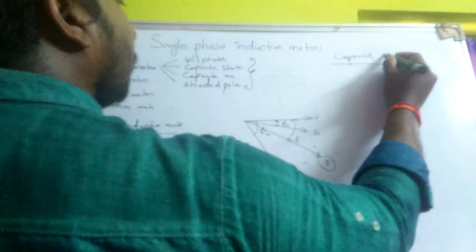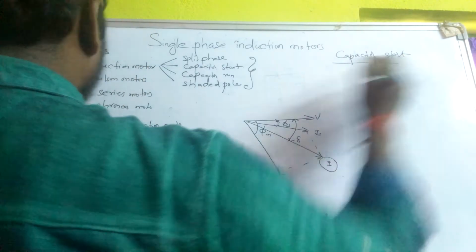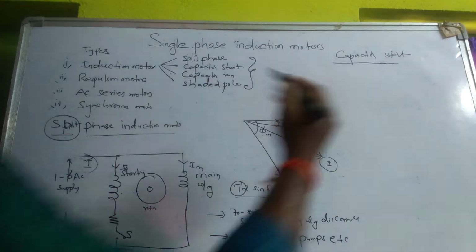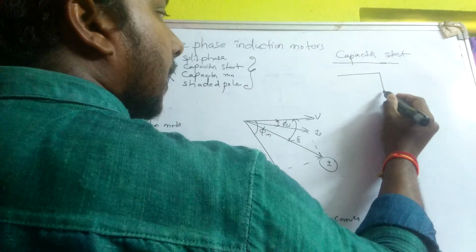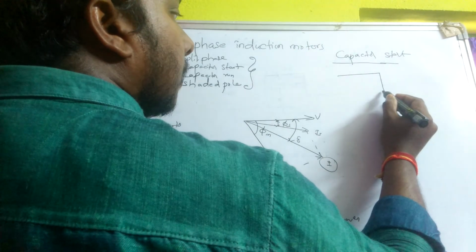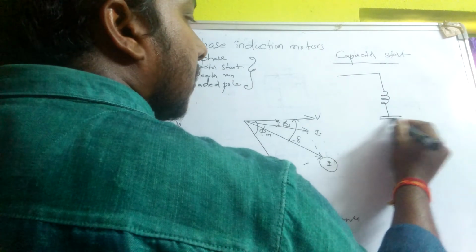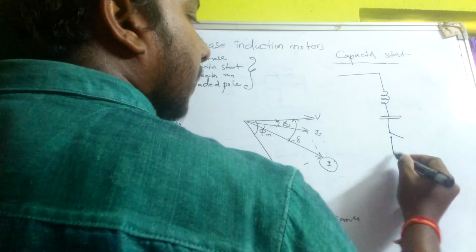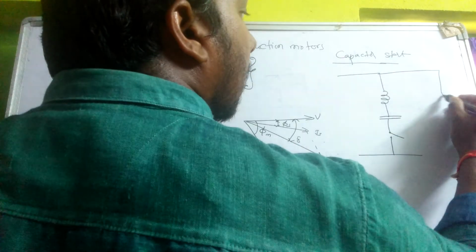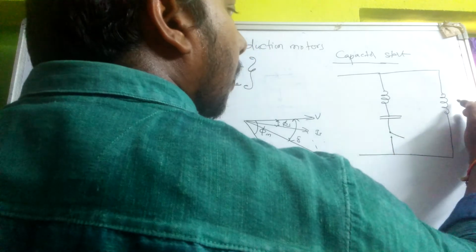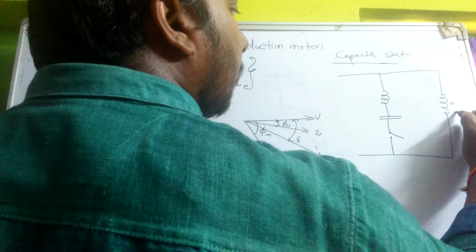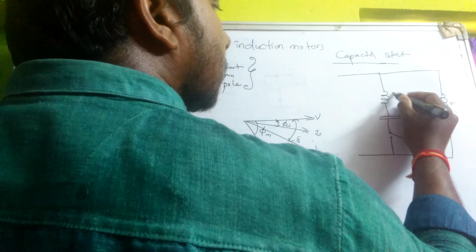In the capacitor start induction motor, the resistor is replaced with a capacitor, and the remaining things will be the same as in the split phase induction motor. This is the main winding, as we know, and this is the starting winding.